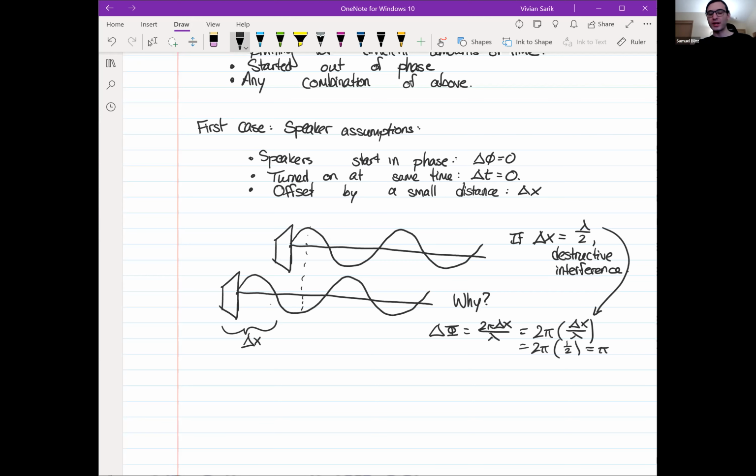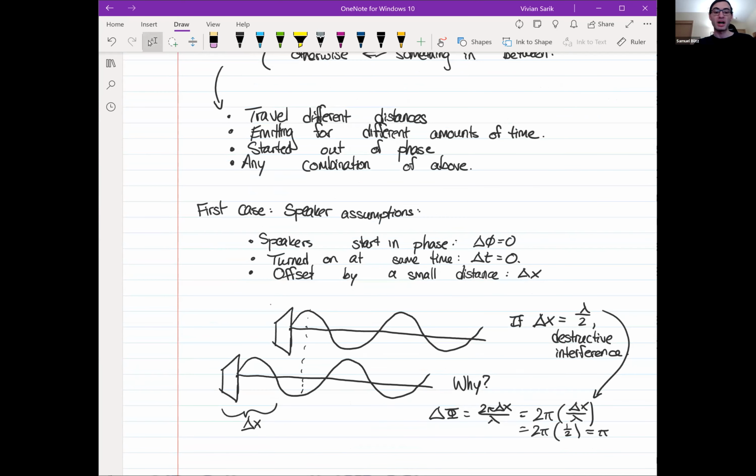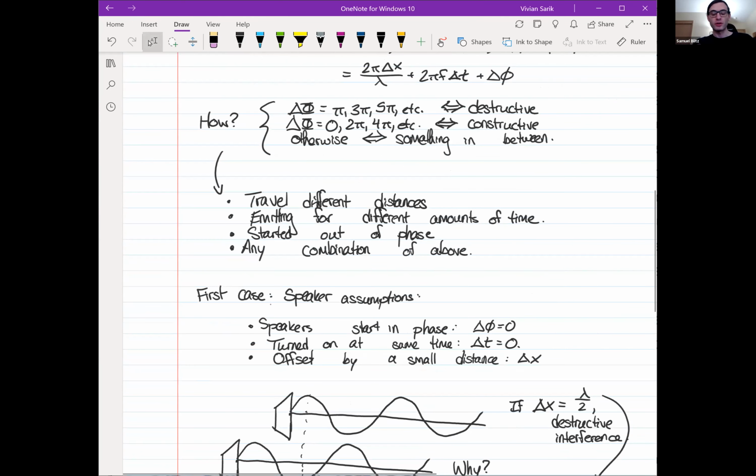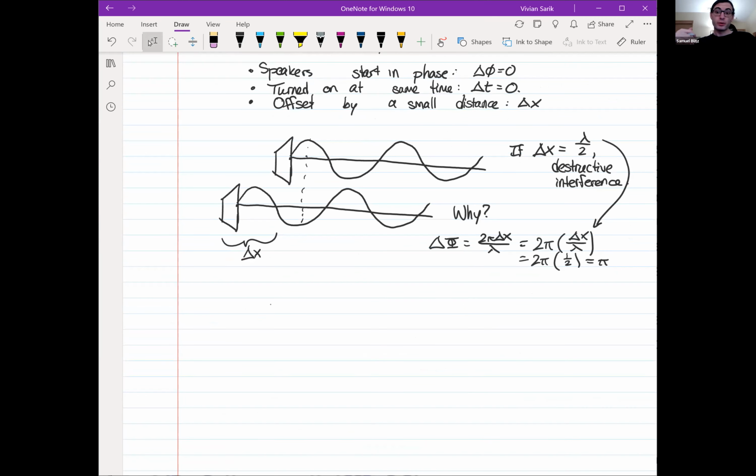And so as we discussed above, if the total phase is different by pi, then you get destructive interference. So if they're offset by just a little bit, then you can get destructive interference.